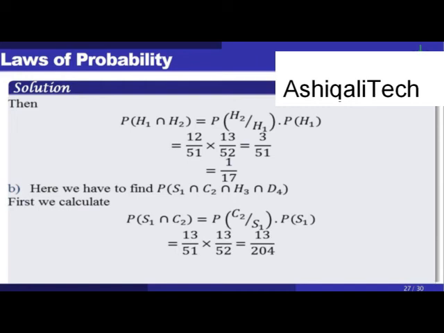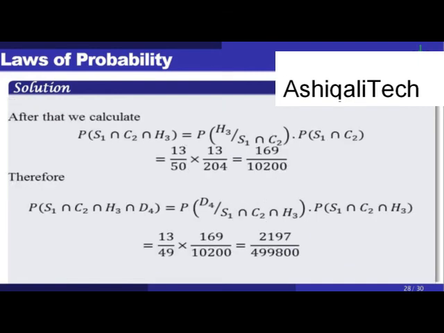Dear students, now we come back to part B. Here we have to find the probability of S1 intersection C2 intersection H3 intersection D4. So first we calculate probability of S1 intersection C2. It is given by probability of C2 given S1 times probability of S1, which is 13 by 204.